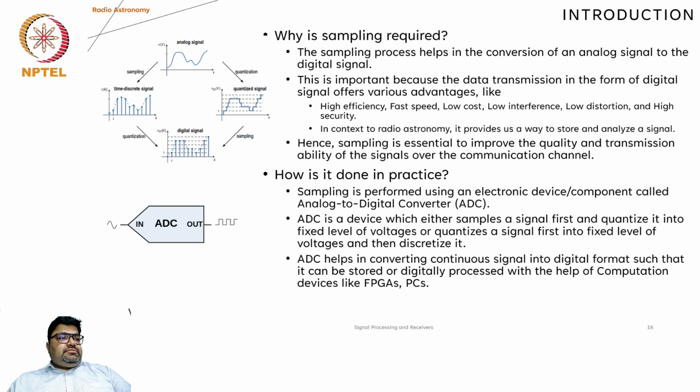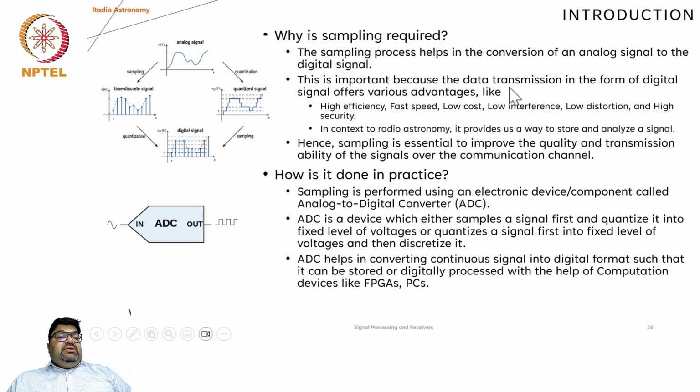Let's turn our attention to something called sampling. Sampling is very important in real systems, real receiver systems. Sampling is a process which helps in the conversion of an analog signal into a digital signal.